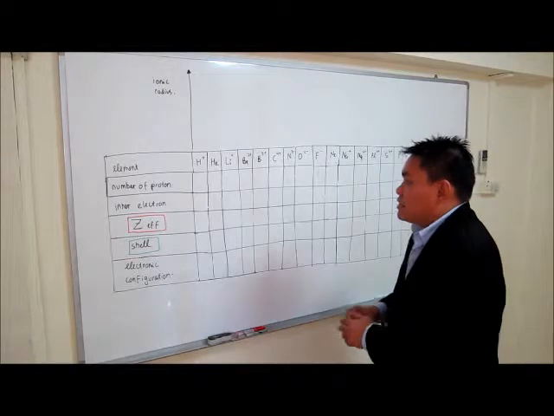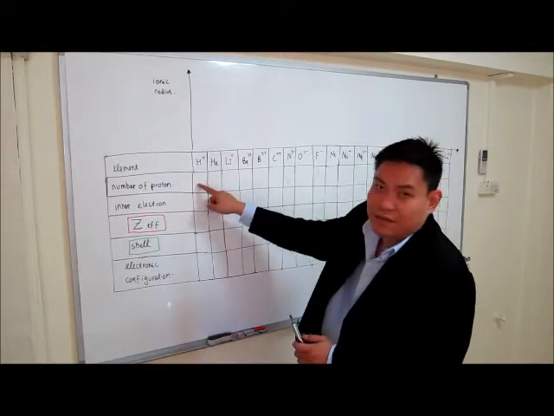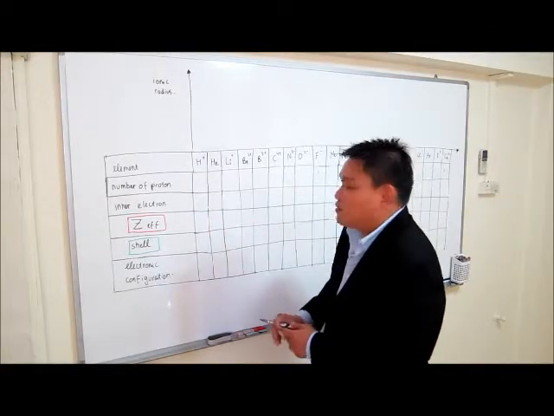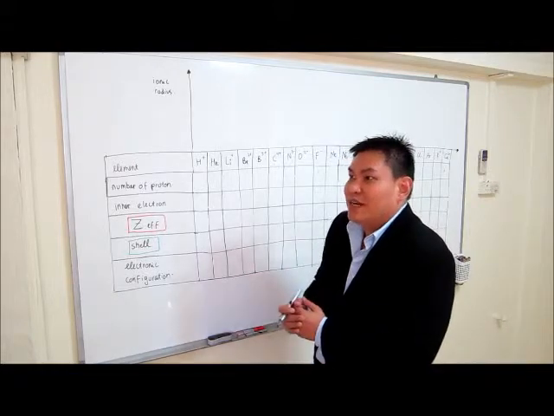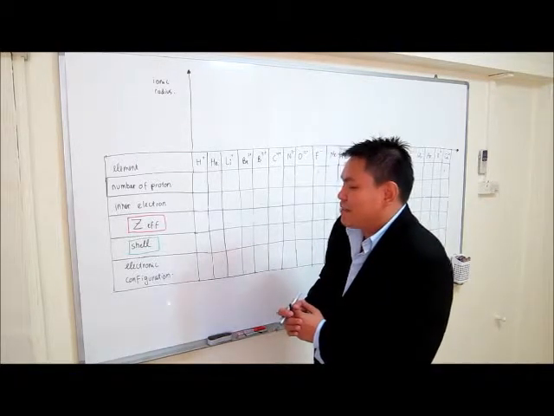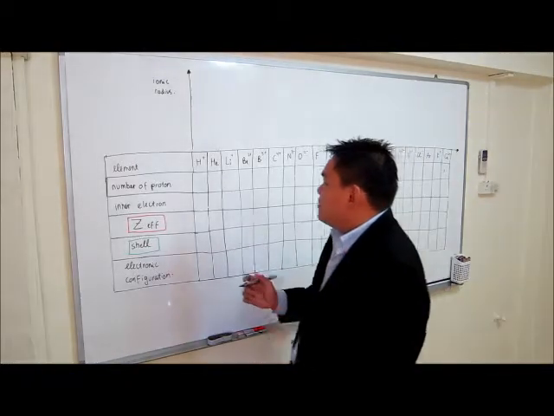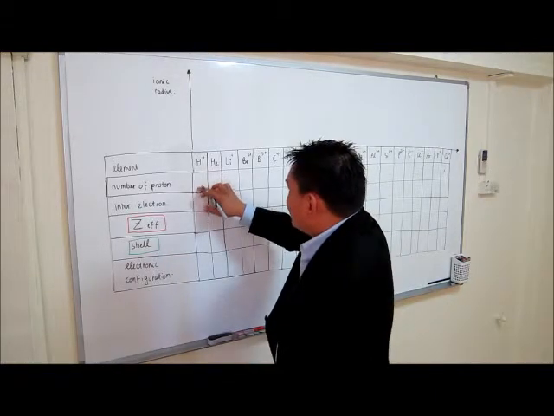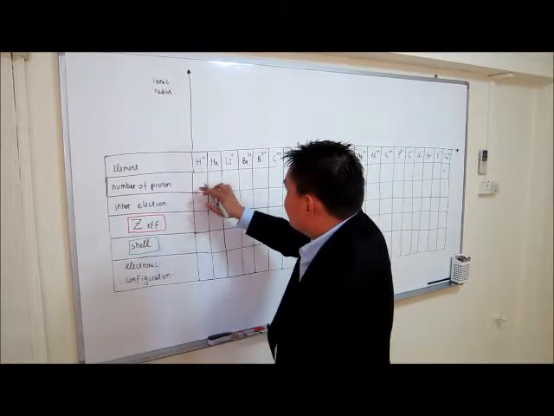The next step is to fill up the number of proton of each element. This is of course very easy. You can look up on the periodic table, or even if you don't do that, it's in sequence.